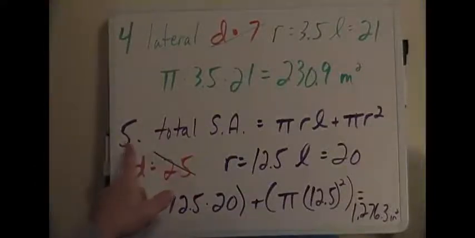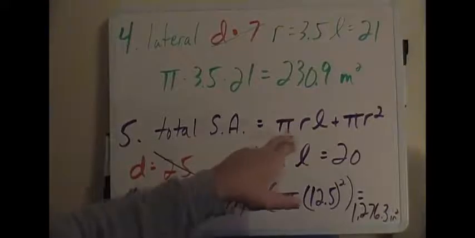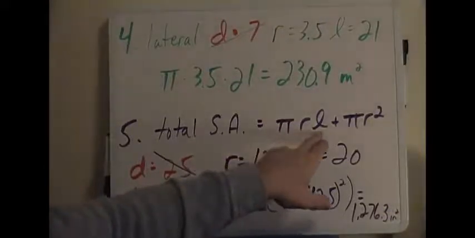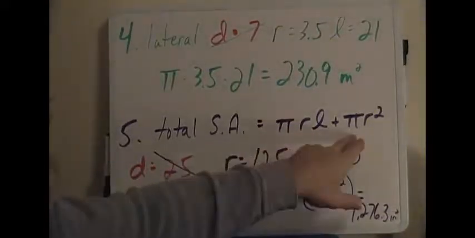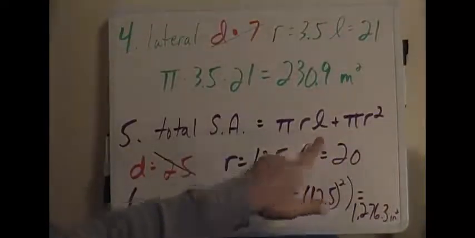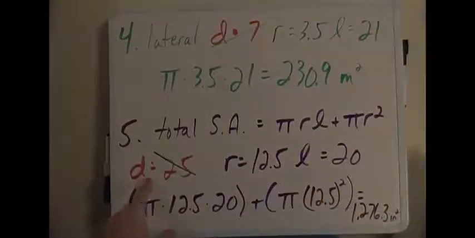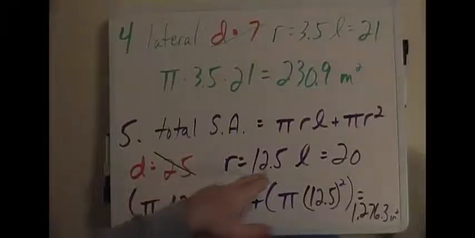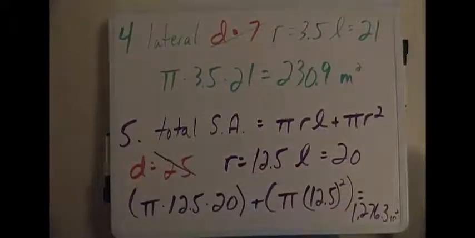Now problem number 5 is back to total surface area, so our formula changes a little bit. It's pi RL for the lateral surface area and pi R squared for the circular base. So add the two together. First of all, we start out with a diameter of 25, so cut it in half. The radius would be 12.5, slant height of 20.